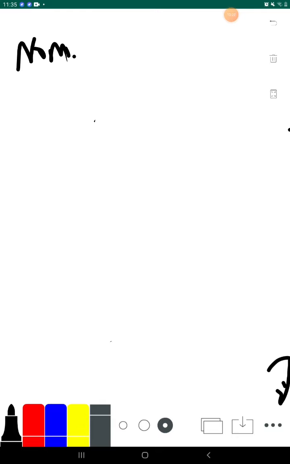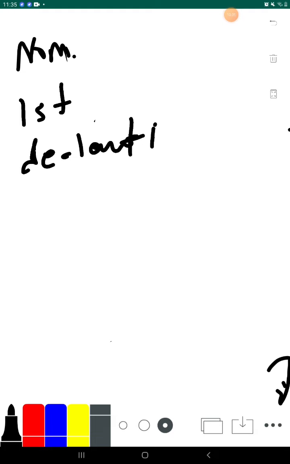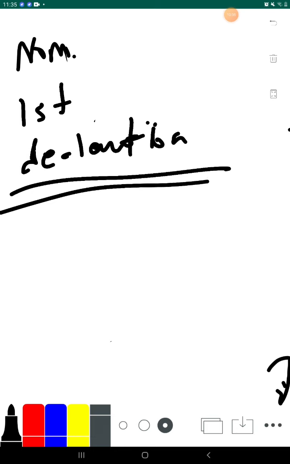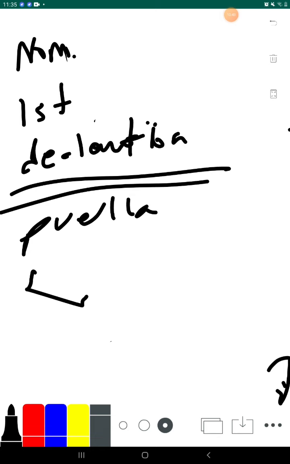What we're gonna do, first we're gonna learn the first declension. Sorry about my bad handwriting. The first declension, words like puella and agricola are all in the first declension. Normally the first declension ends with A.